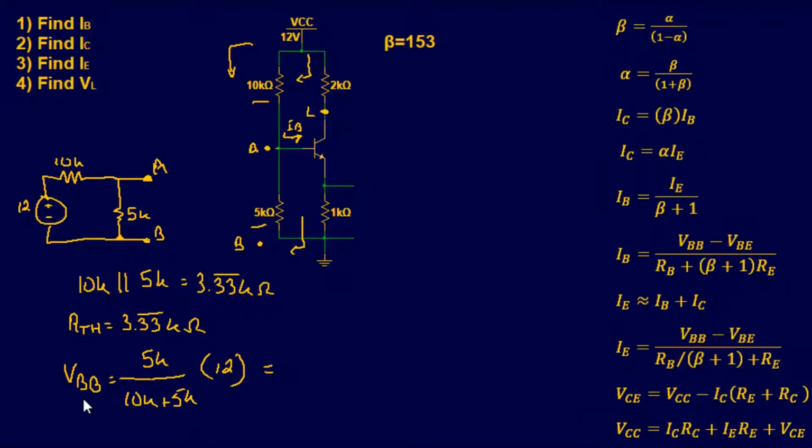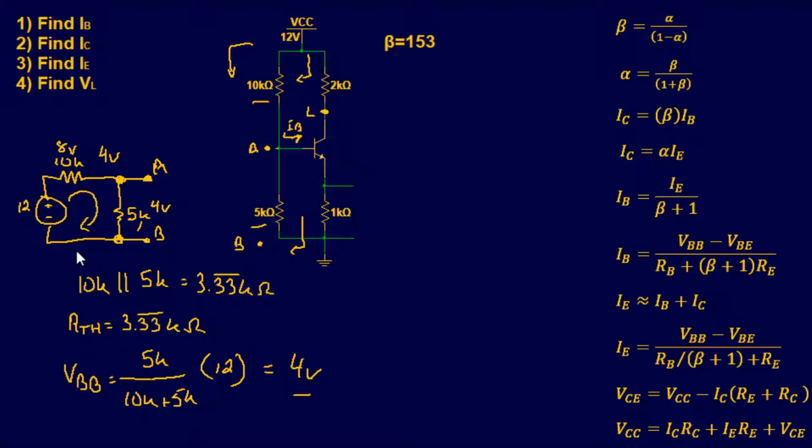It's the Thevenin equivalent at our base of 4 volts. See how I did that? All I did was find the voltage right here in our little Thevenin equivalent circuit, and it's going to be 4 volts. Because in a series circuit, this would eat up 8 volts and this would eat up 4 volts. So we have VBB, and we have our base resistance.